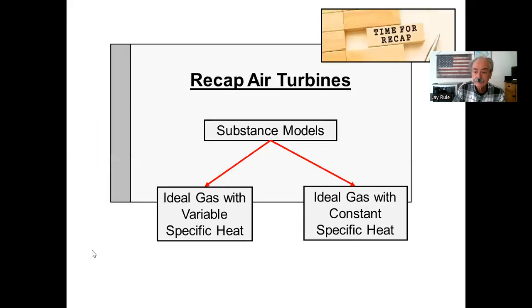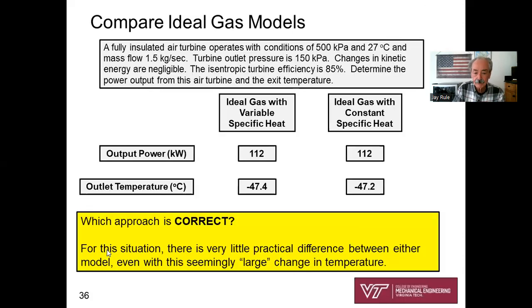All right, now time to recap the air turbine analysis. We are near the end. Let's tabulate what we got numerically for each ideal gas model. There's our problem statement. We did the identical problem first with variable specific heat, and we got 112 kilowatts output power and negative 47.4 degrees C outlet temperature.